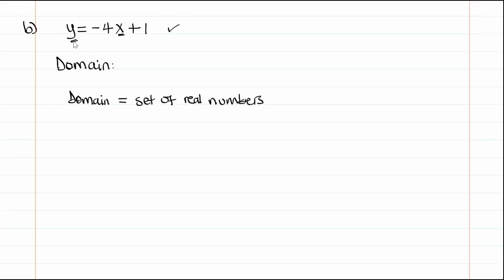As long as the function given is linear and it has y and x in it, then the domain and even the range will always be sets of real numbers.